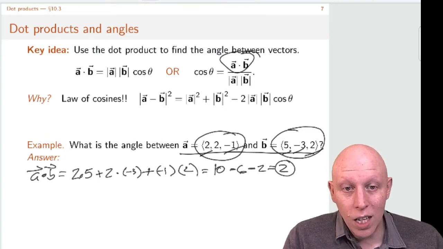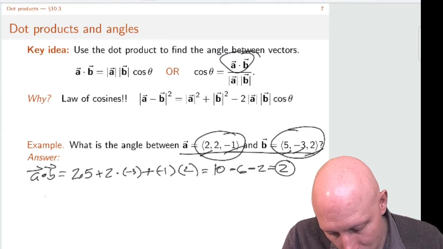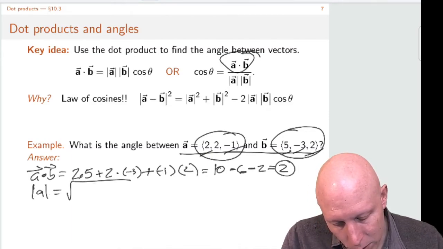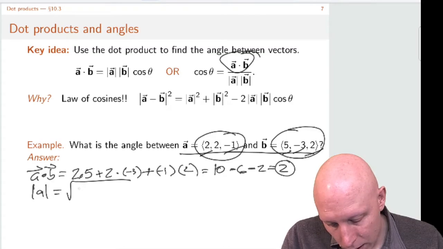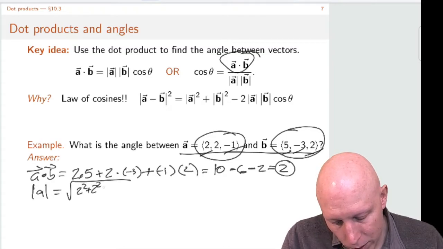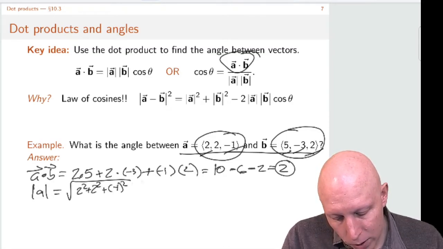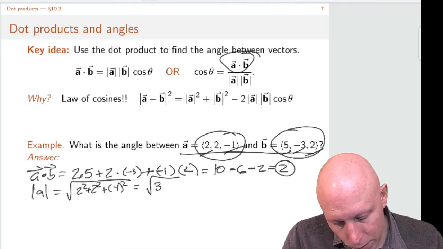We also have to calculate the length of a and the length of b. The length of a is the square root of 2 squared plus 2 squared plus -1 squared, which is the square root of 4 plus 4 plus 1, square root of 9, which is 3.